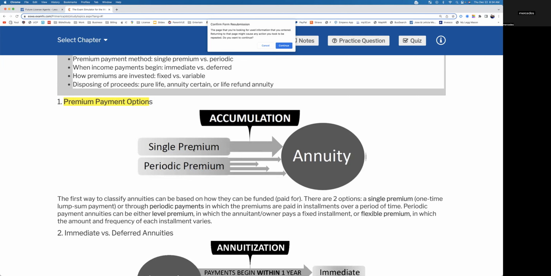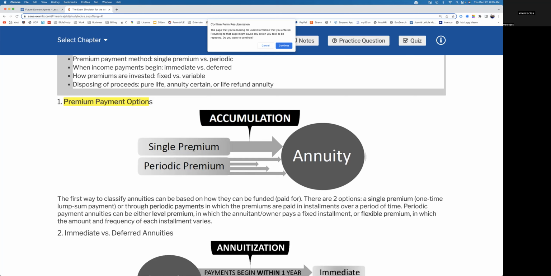Let's say you accumulated a good chunk of money, $400,000 in your 401k. So now you have $400,000. You want to put it into an annuity because you want to start receiving income because you're retired. So you funded that annuity with a single premium, $400,000 lump sum. Does that make sense? On the test, it says single premium.